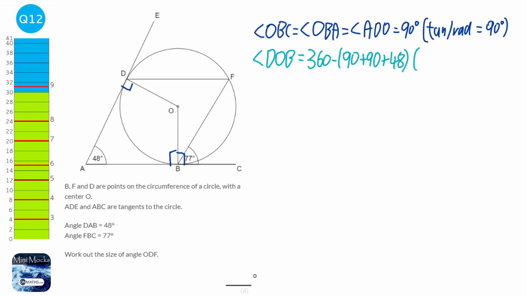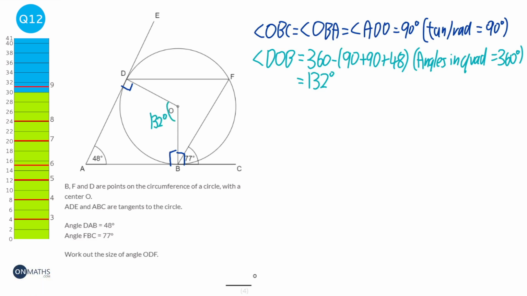And the reason for that is angles in a quadrilateral add up to 360 degrees. And so when you do 360 take away that, you get 132 degrees. So this is 132.